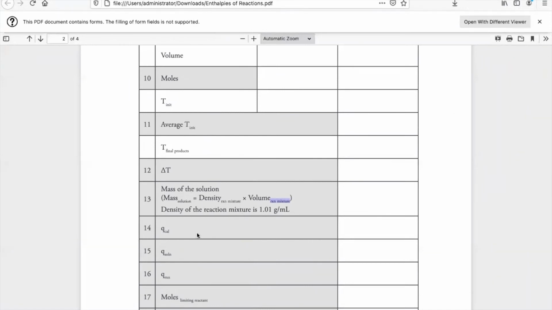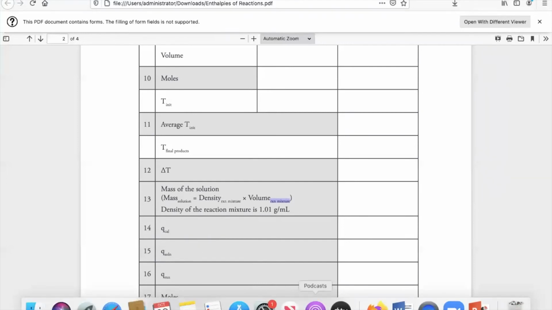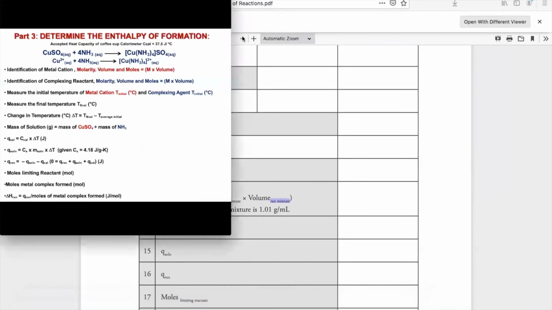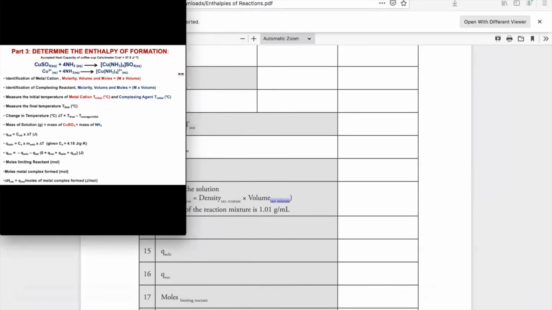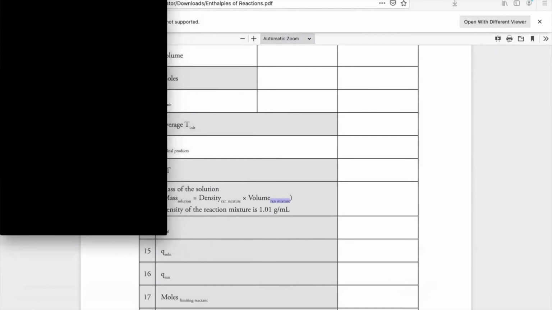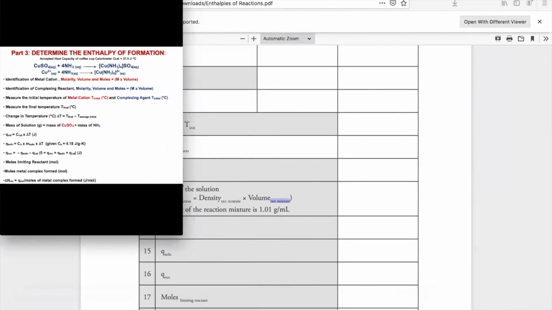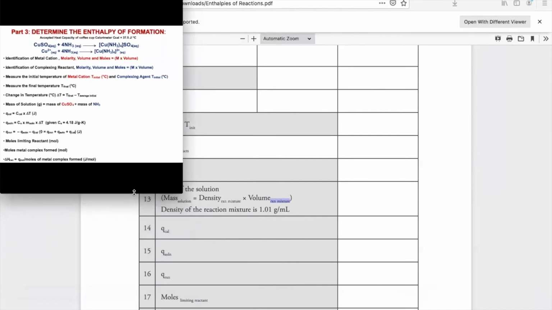And then you use the same equation we used before in determining the calorimeter here. If you look at line 14, the heat of calorimeter, use this equation.